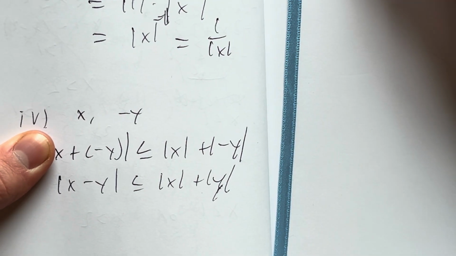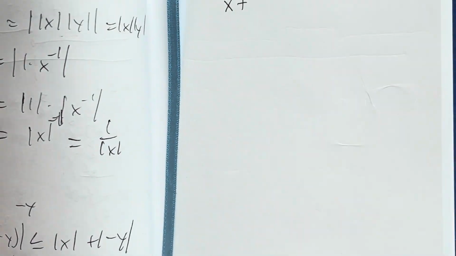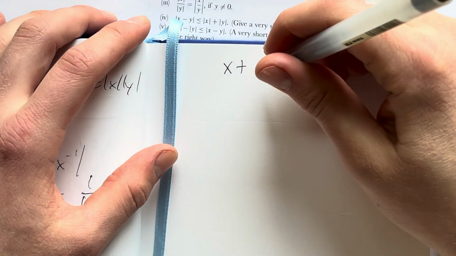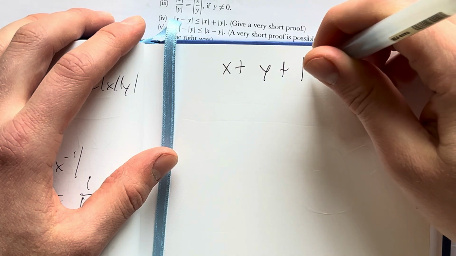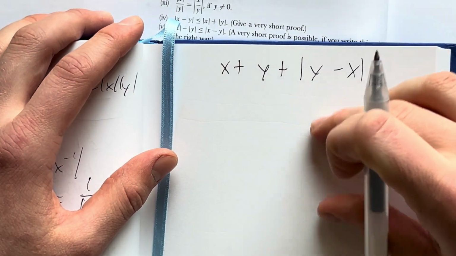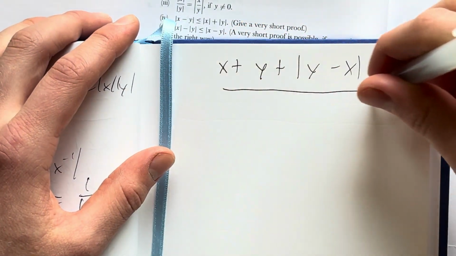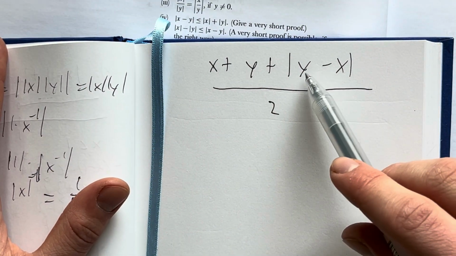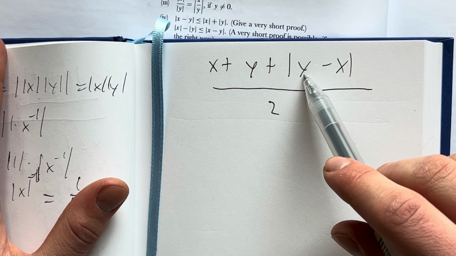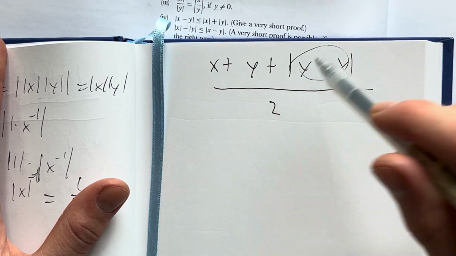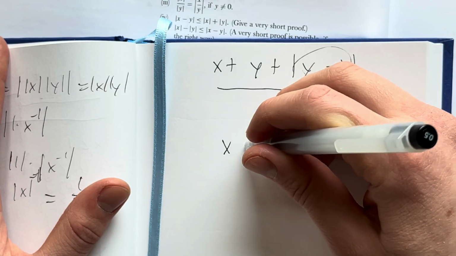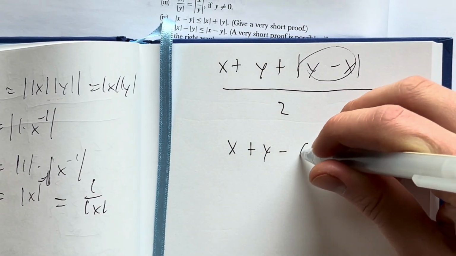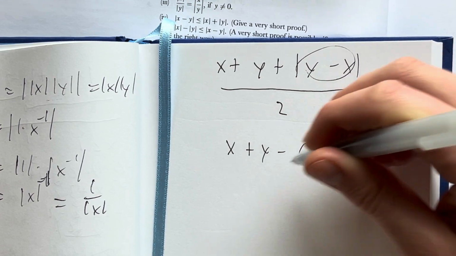So if it's x, I'll move you a bit upwards, like that. x plus y plus absolute value of y minus x. The expression is less than 0, so we put a minus sign in front when we remove the absolute value signs.